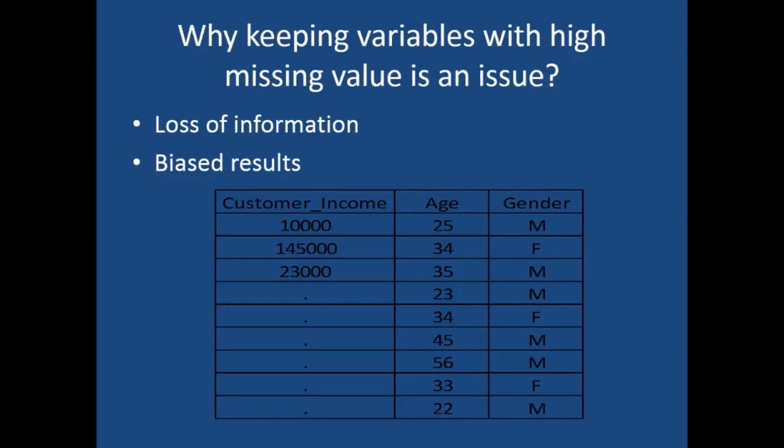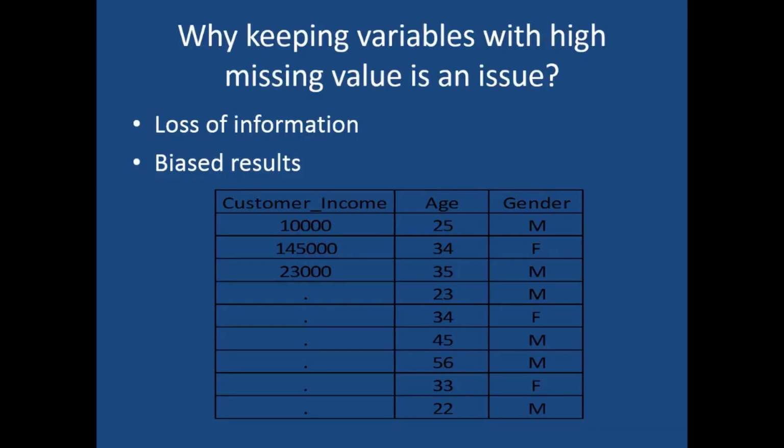For example, in this case we have gender, male and female. Say out of the 6 missing cases, 4 of them are male. So you are removing 4 observations from your data set, and finally you are underrepresenting the male population in your analysis. So that's going to give you a very biased result, right?